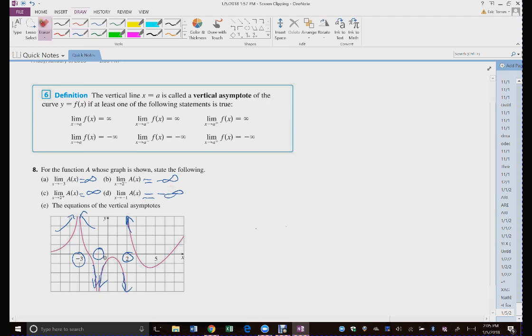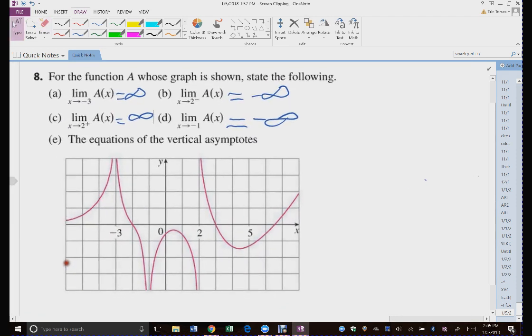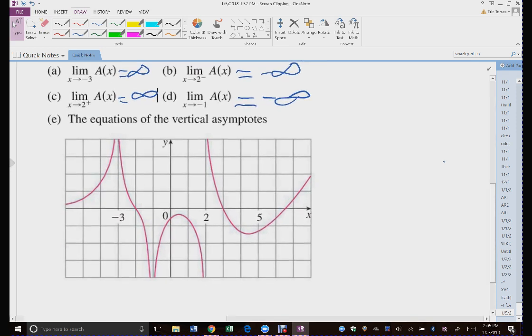Now I'm just going to erase all this off my graph. I'm going to zoom in on it. And basically, what I said before is you don't have to memorize all those pieces.